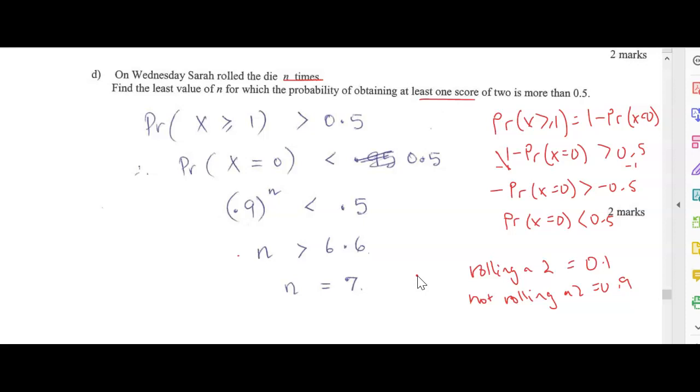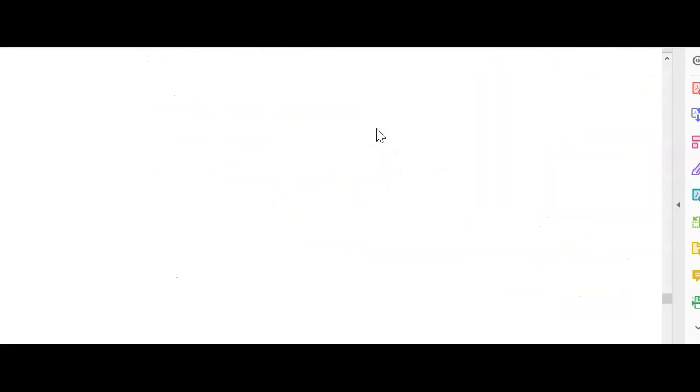So if you round it down, you're going to have a probability that is below 0.5. So always think about the context before you round. Okay, so here it clearly makes sense to round up to 7. But if it was 6.1, you would also round up to 7 because if you rounded down to 6, your probability would no longer be more than 0.5. It would be less than 0.5 and we want it to be more than 0.5. All right, let's move on.